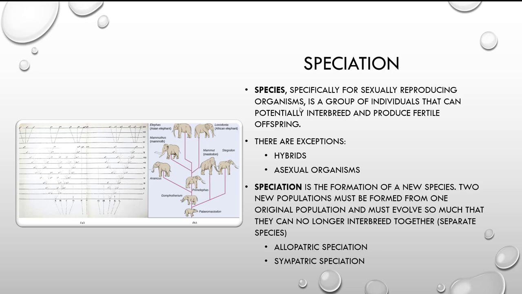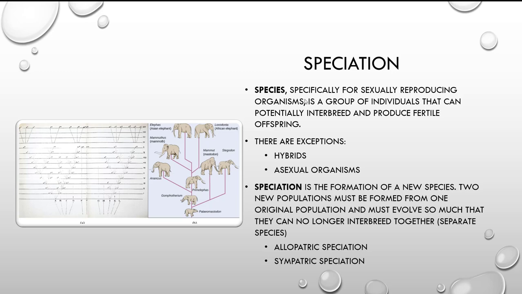That defies this definition, right? And sometimes those hybrids can even produce fertile offspring. So there are some exceptions to the rule. And this definition also excludes asexual organisms. So there are some holes in this definition.